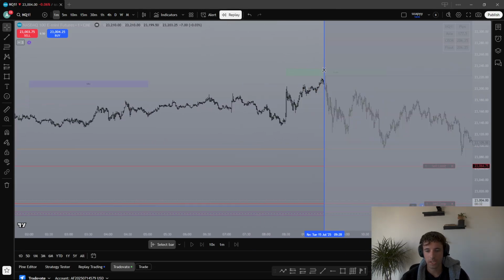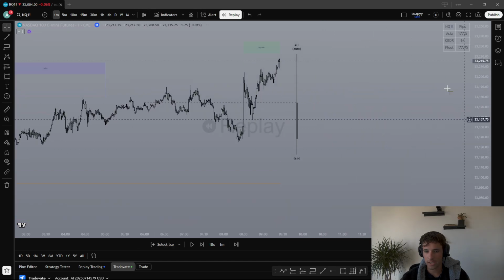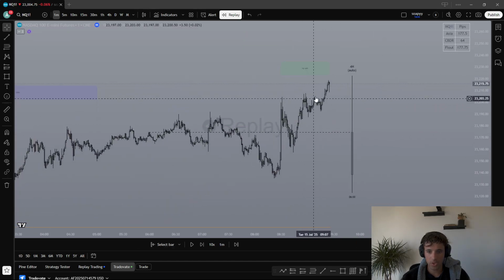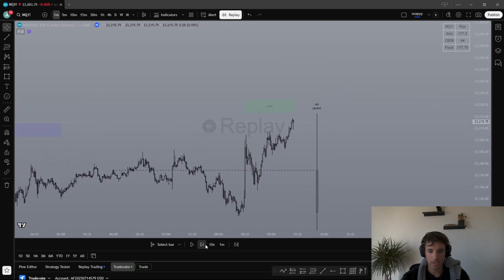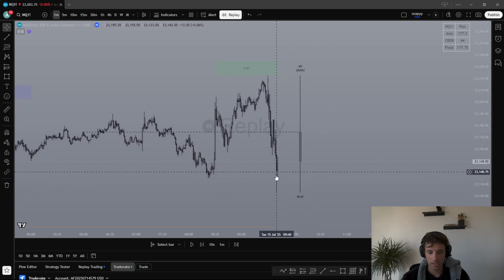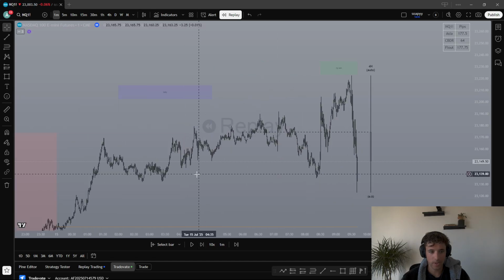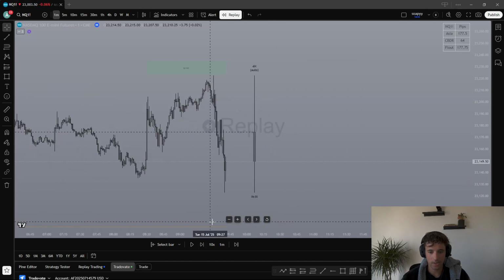So here's what happened today. We were pushing up, and then 9 a.m. sweeps out this high, and we end up shorting. And then at 9:30 we sweep out London lows right there.